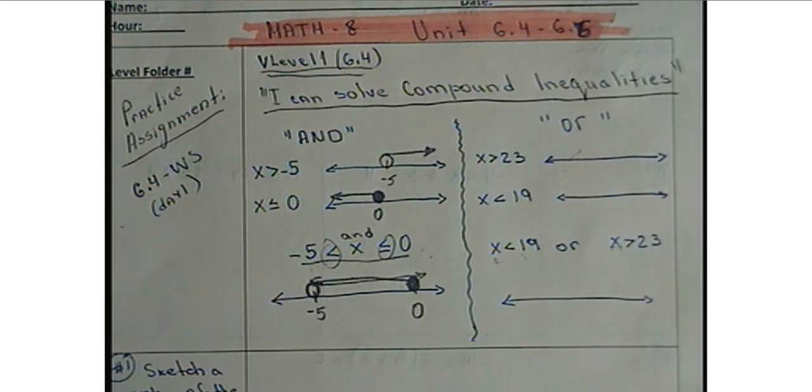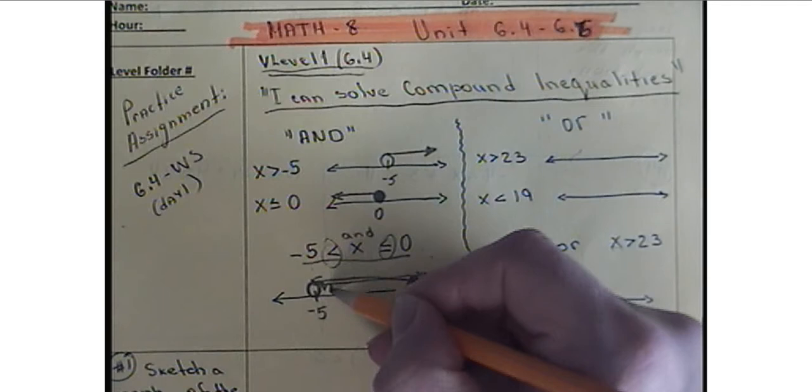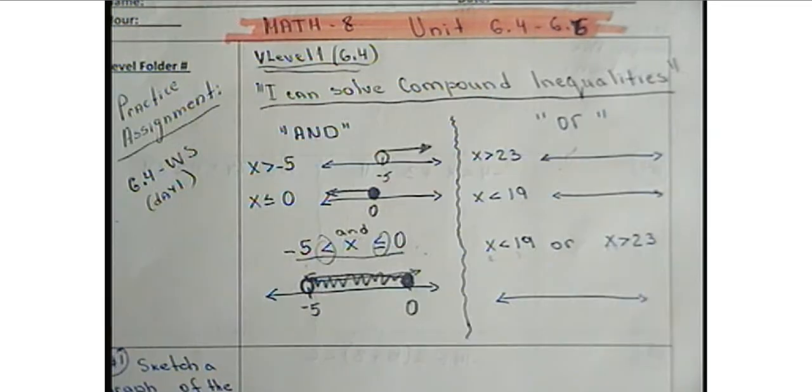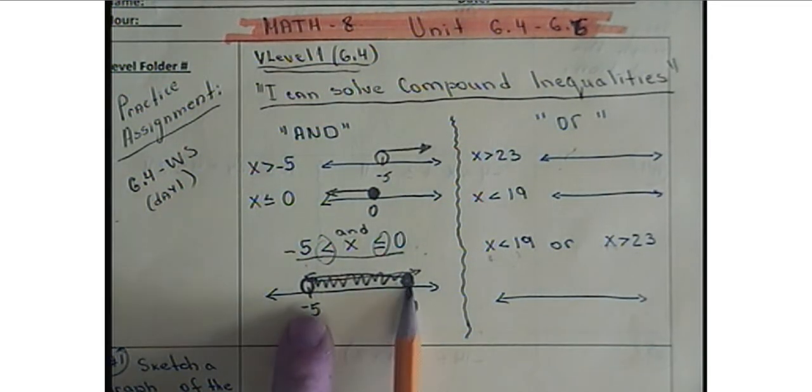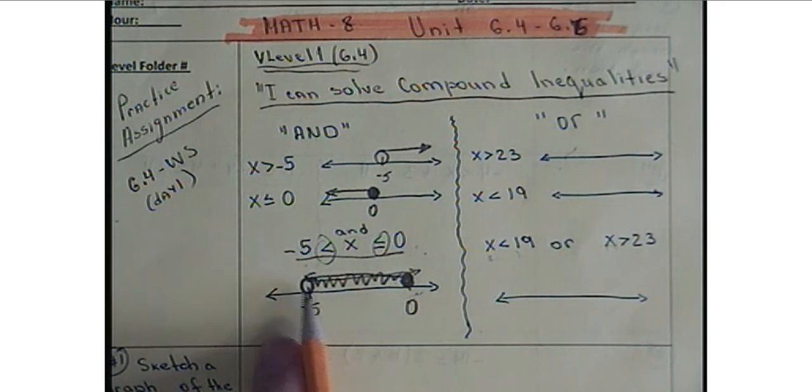So what does that mean? It means that all values for x between those two numbers are solutions to the system. So the solutions will be only between those two numbers, -5 and 0. Not greater than, not less than, but between those two.